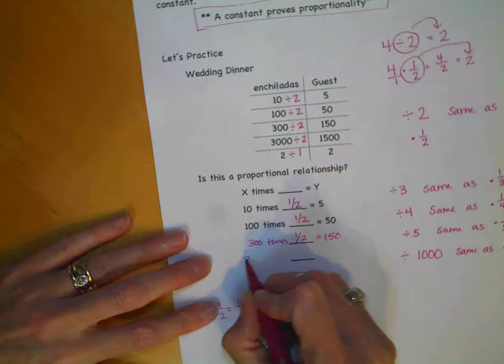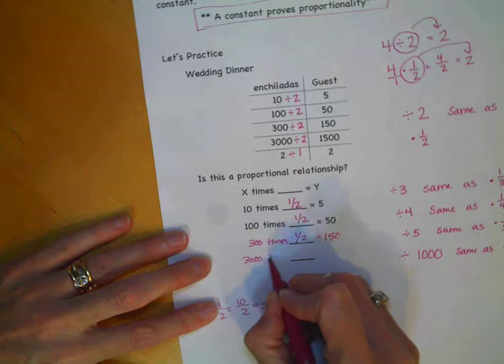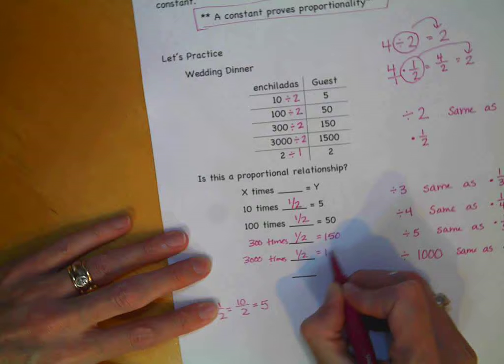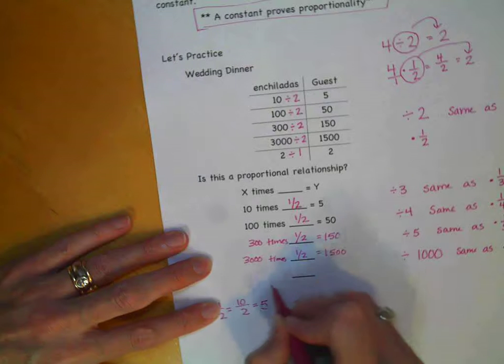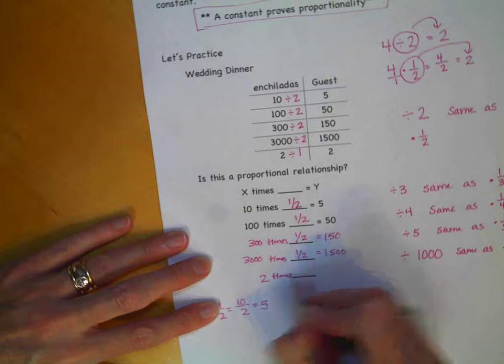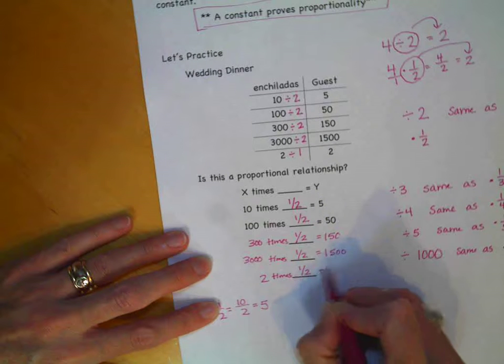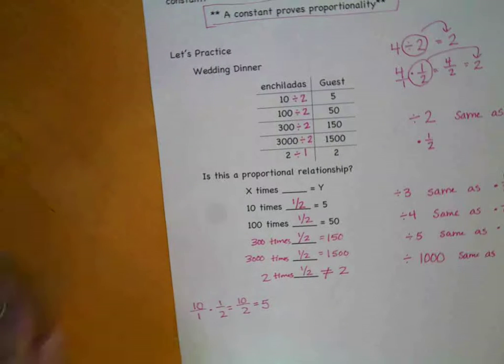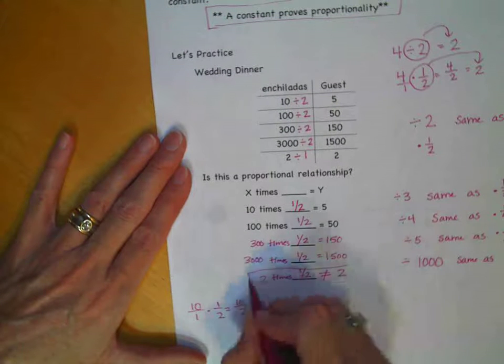All right, and then we have 3,000 times 1/2, and that gives me 1,500. And then we have 2 times 1/2 does not equal 2. So here's the problem.